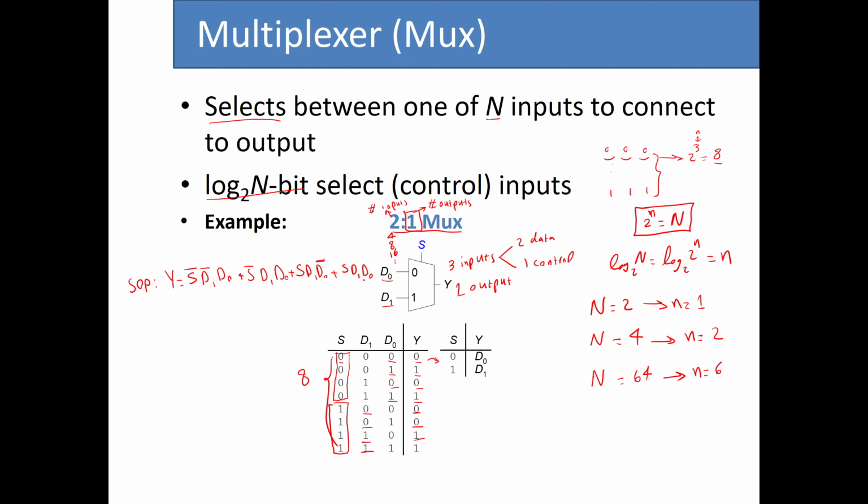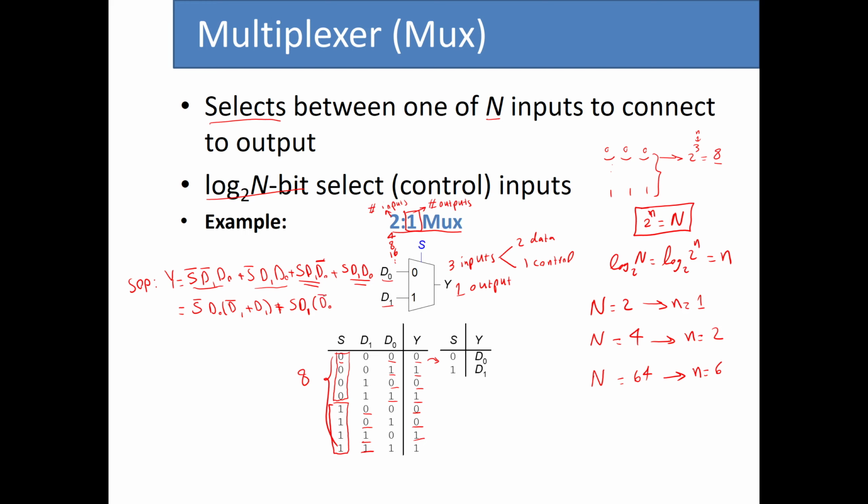So as you can see, we can simplify this equation. Between the first term and the second term, S bar D0 is common. So I can take it out. S bar D0, we factored out, and then we end up with this term. And for these two, S D1 is common between the two, so I factor it out.